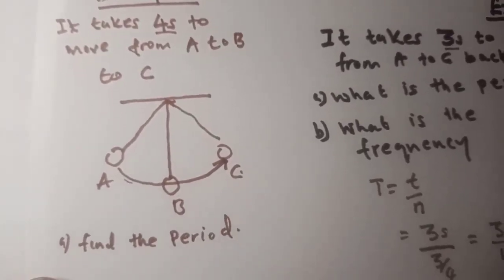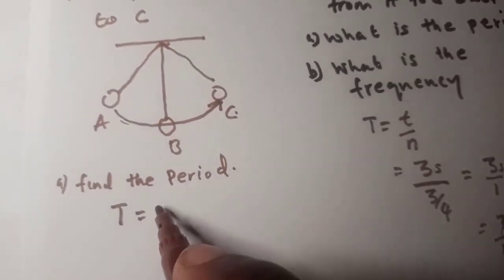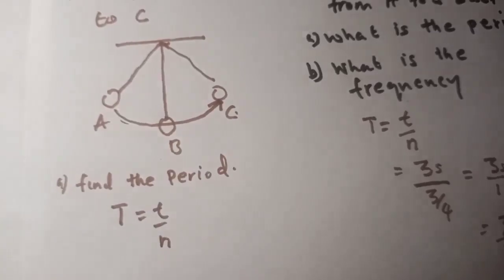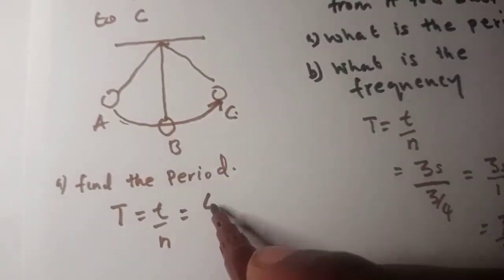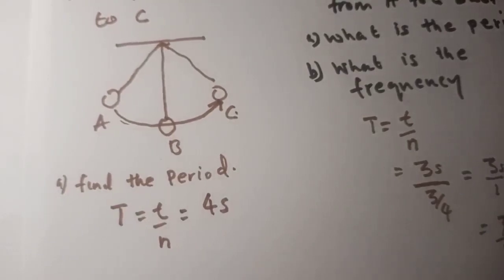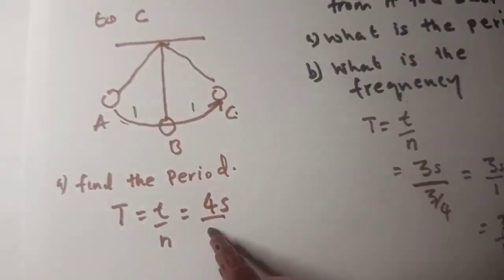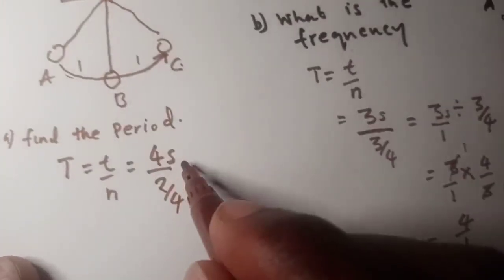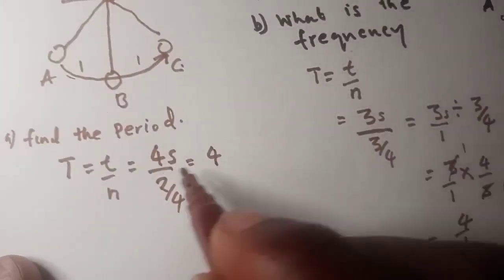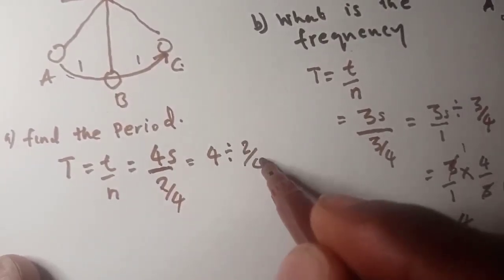So period is equal to T over N. The time is 4 seconds from the question. The number of oscillations, it moves 1, 2, so this is 2 over 4. Always do 2 over 4. This sign will change, then we write 2 over 4.